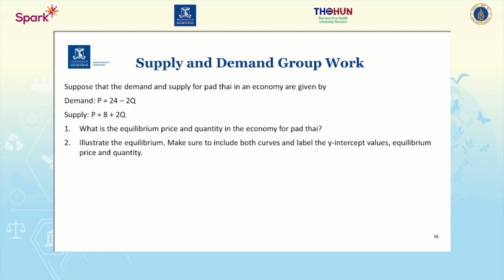Can you do number 2? Can you do the graph? Okay, make the graph. What does Q stand for? Quantity. Quantity of what? Because this is pad thai, P is price, probably.